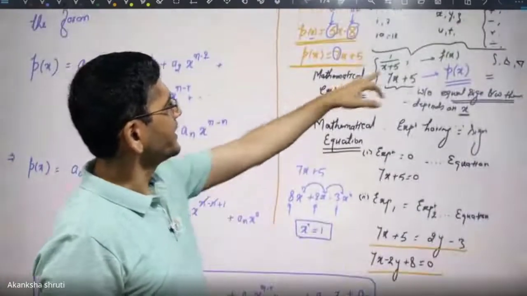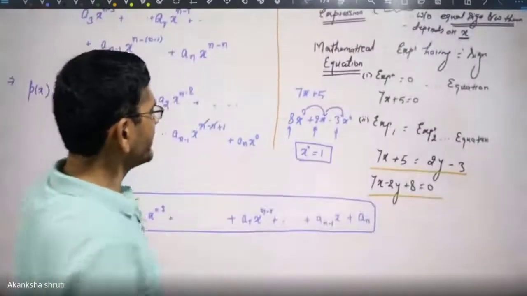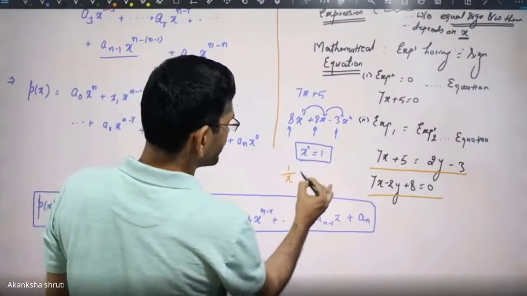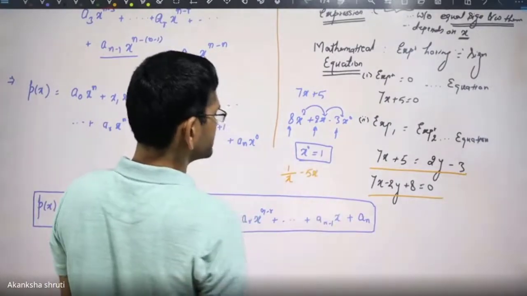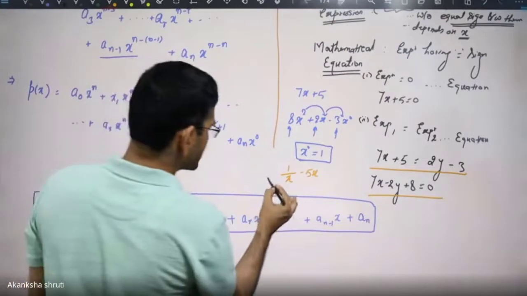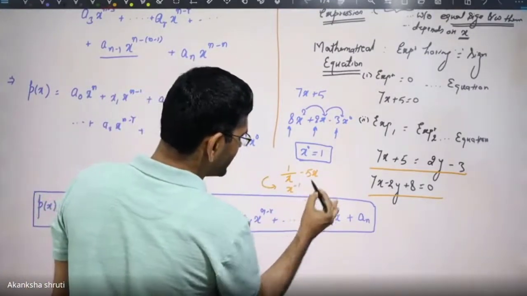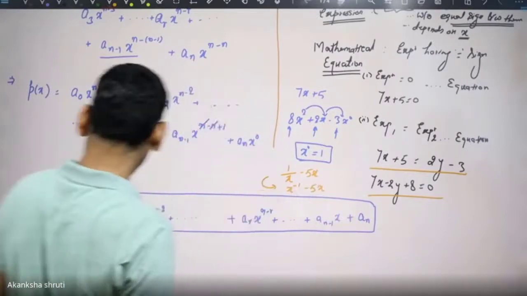But if we are considering 1 by x plus 5, or even 1 by x minus 5x, then it appears it is not matching. But some of the students may say, sir, I may write x to the power minus 1 minus 5x. Yes, then you may say it is matching.